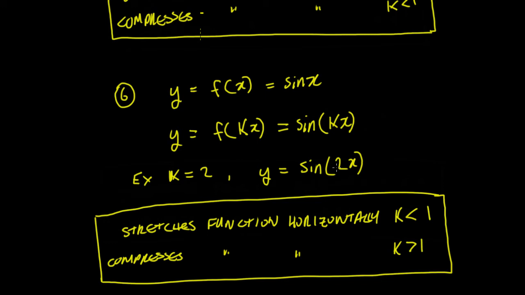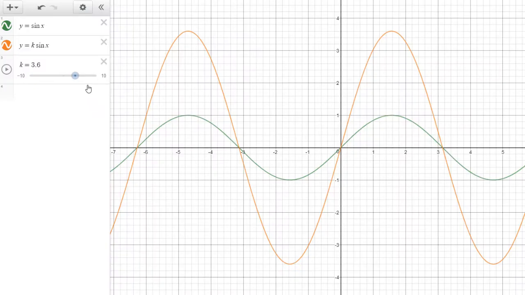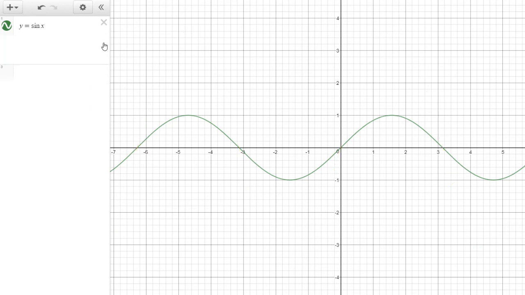So let's have a wee look at this and we'll see what this does in our graphical calculator. So let's see, it's sine x and it's inside. Okay, so there's a graphical calculator. So we'll get rid of these. So y equals sine x.